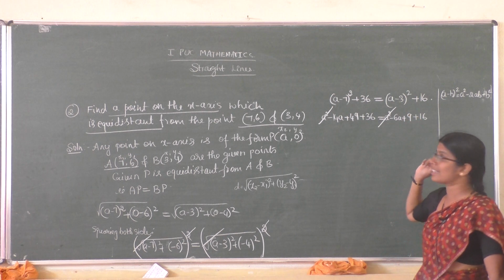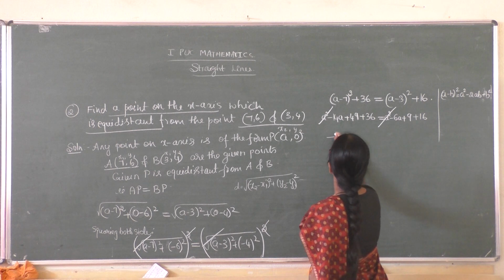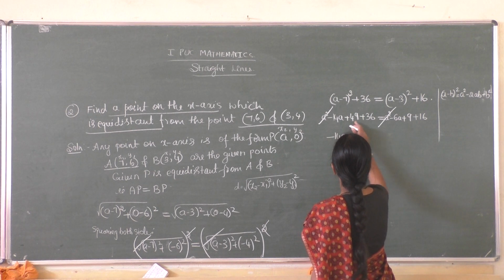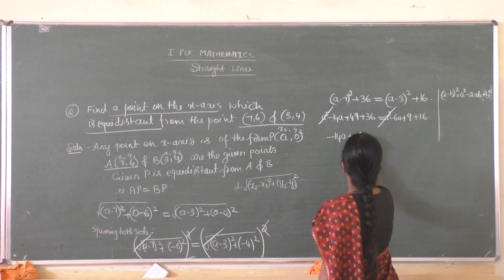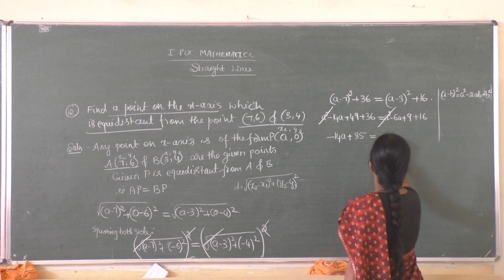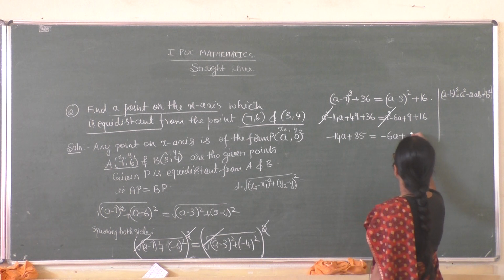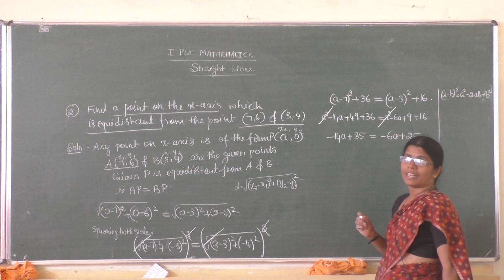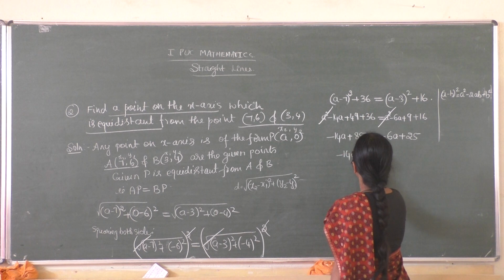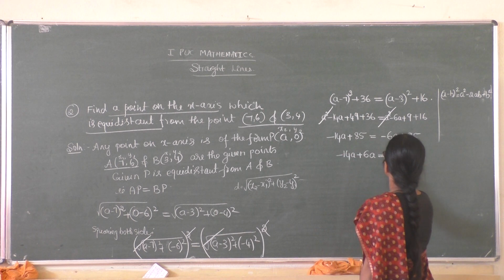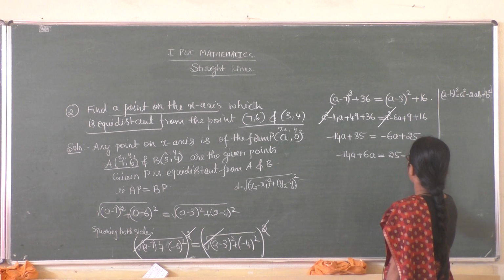So it cancels. Clear? So here minus 14a plus 49 plus 36, that is nothing but 85, is equal to minus 6a plus 25. 9 plus 16 is 25. So minus 14a plus 6a is equal to 25 minus 85.